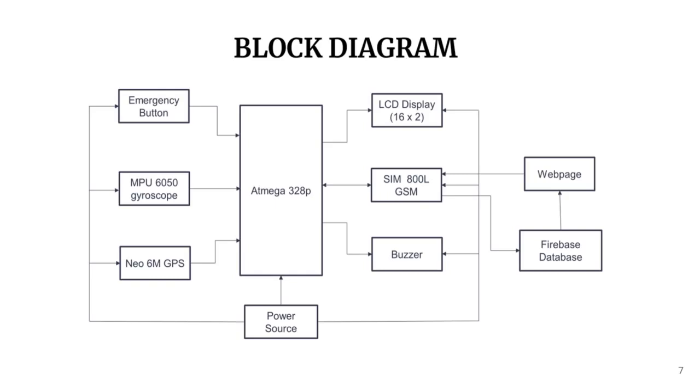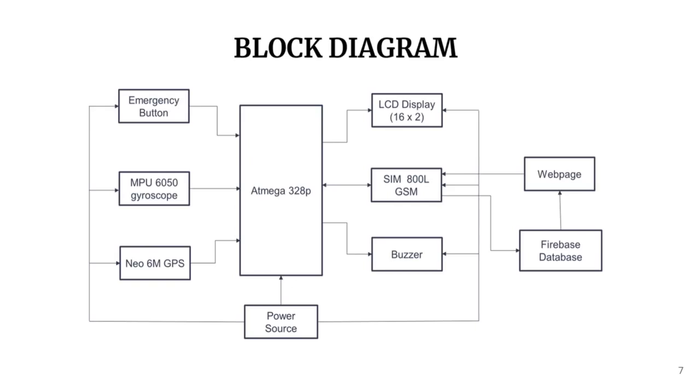The main processing unit is the ATmega 328P on the left side. You can see the emergency button, MPU 6050 gyroscope and Neo 6M GPS module. These are the input giving components, and on the right side, we keep the outputs: a 16x2 LCD display, SIM800 GSM module and buzzer.